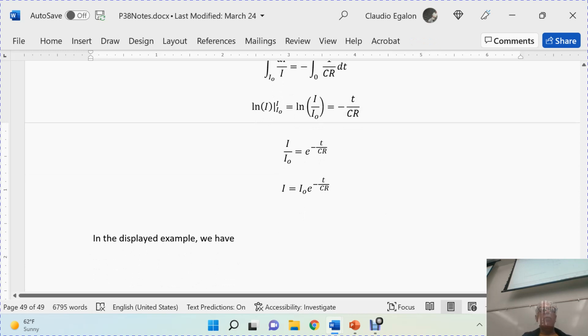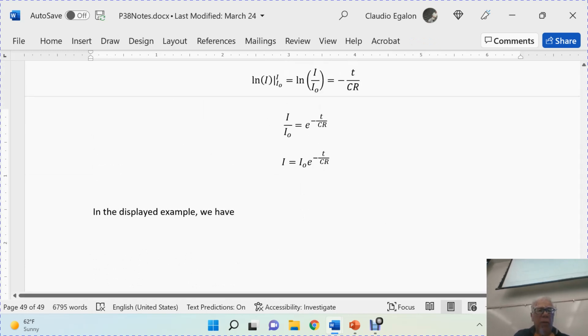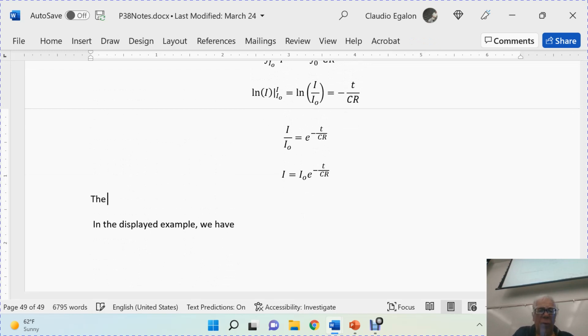The question is that we didn't finish the problem. The question is how to obtain the value I naught, the initial current. So we solved most of the problem, and now we have to know what is the value of I naught.